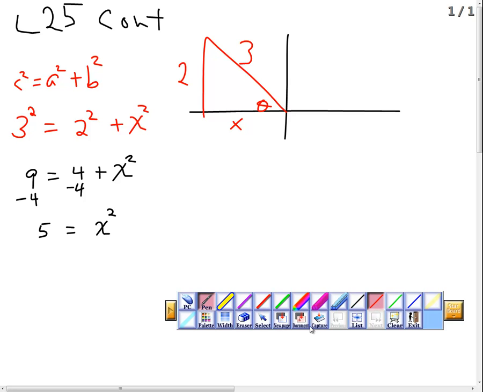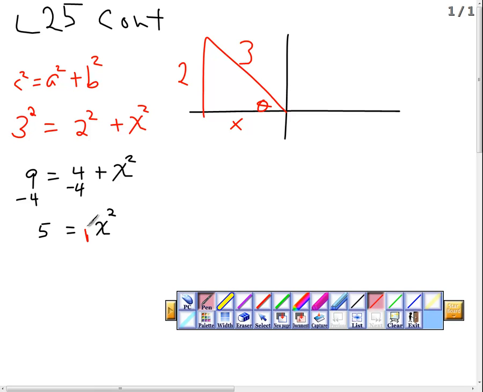So now what are we going to do to solve for x? Harley? We've applied squared. 3 squared is 9, right? 2 squared is 4. We applied minus 4 to both sides, got 5. But now we have to isolate. We have to do one more step.